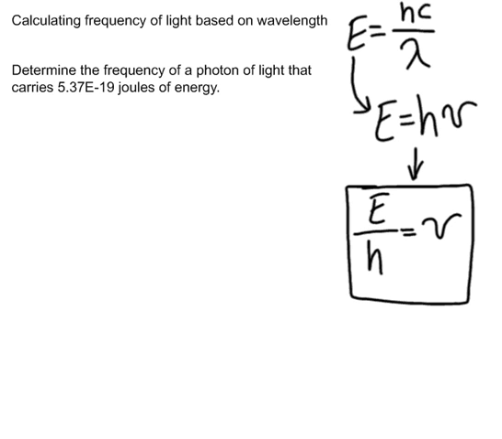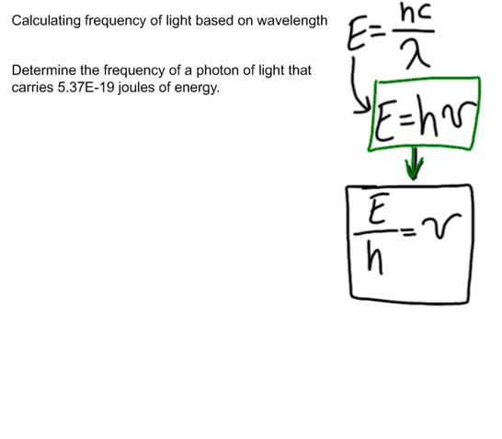So in this first problem, we are determining the frequency of a photon of light that carries 5.37 times 10 to the negative 19 joules of energy. Well, we're going to just deal with this equation right here first, and then rearrange it to be this guy right here.